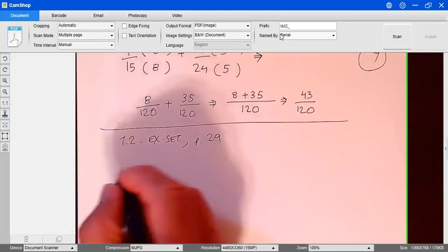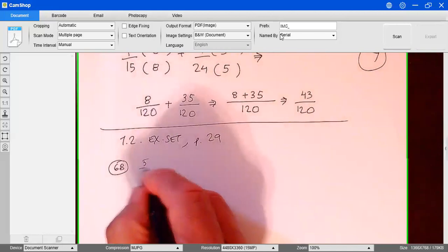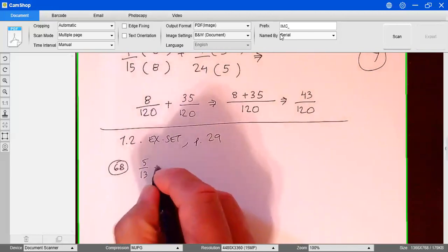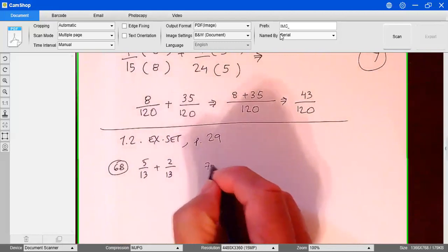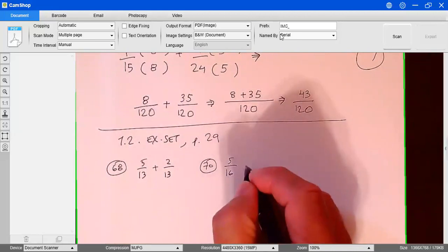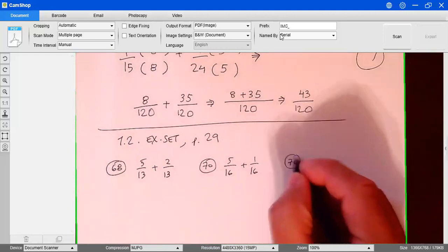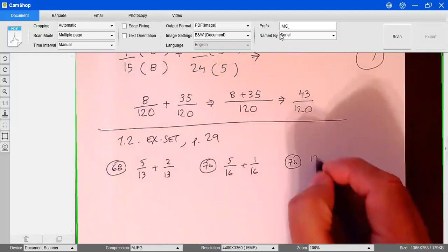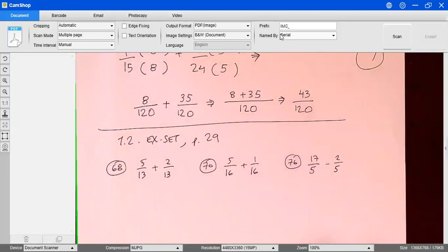Let me write the exercises first. We have 68: 5 over 13 plus 2 over 13. Then 70 is 5 over 16 plus 1 over 16. And then we have 76: 17 over 5 minus 2 over 5.